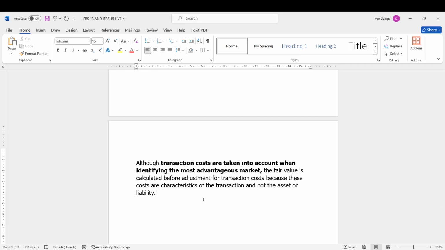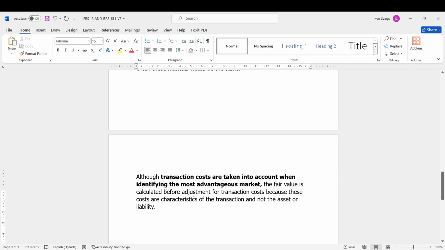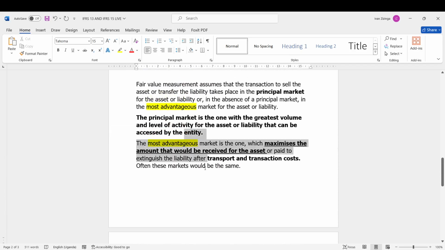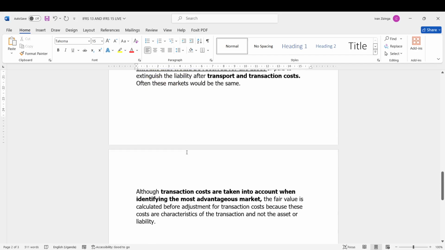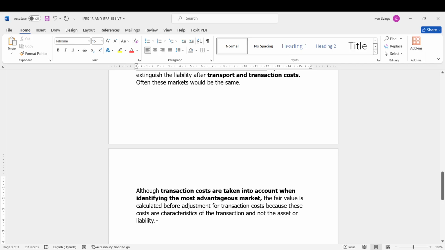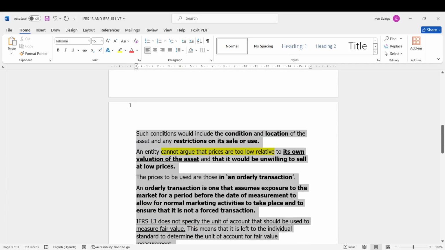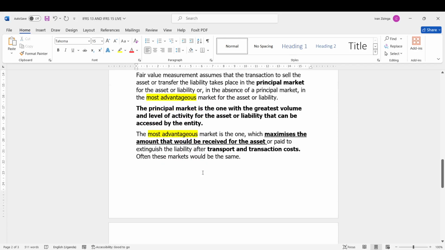As you can realize, your paper is less of number crunching, more of technical application of the standard. So you might be lucky to get a calculation question, like the one that I gave you in the assignment, or you'll find only theoretical questions where you have to apply this knowledge and discuss it. You'll find that maybe someone wants to under declare their sales, or they want to under declare the fair value of their assets for one reason or the other.